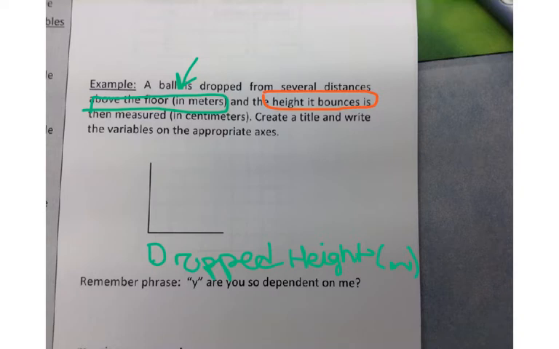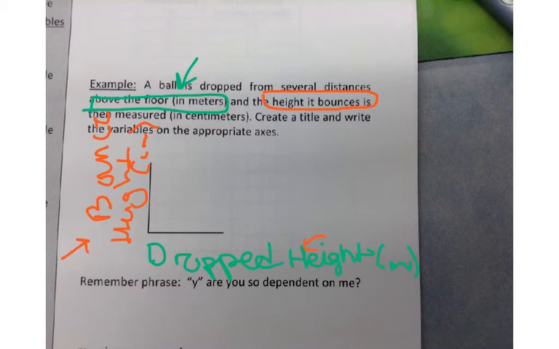Okay, and because I dropped the ball at different heights, the bounced height changed, and that would be in centimeters. Okay, so this would be your dependent variable, and this would be your independent variable.